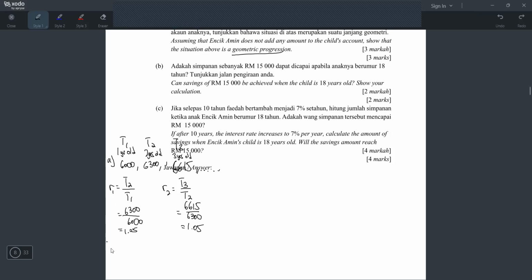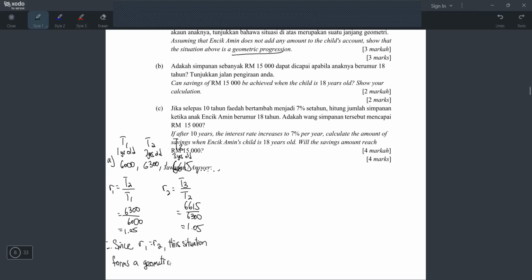So we will just have to write, since they asked to show that it's geometric, we can write: since R1 equals R2, this situation forms a geometric progression.